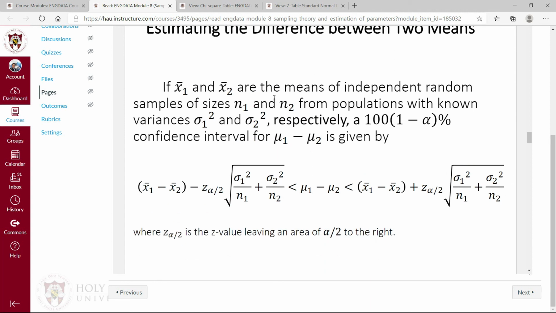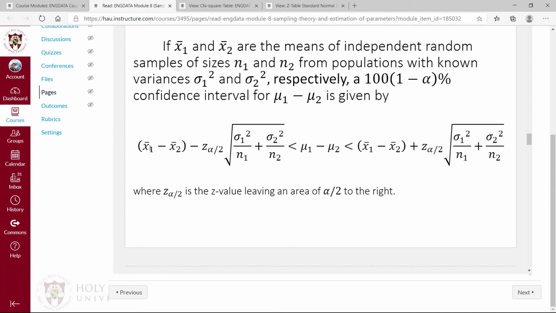So x bar 1 and x bar 2 are the means of the independent random samples of sizes n1 and n2. N1 corresponds to mean 1 and n2 to the mean 2 population, with known variances. Respectively, the confidence interval for mean 1 minus mean 2 is given by this equation.